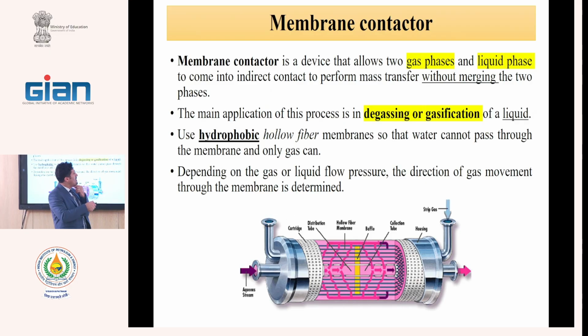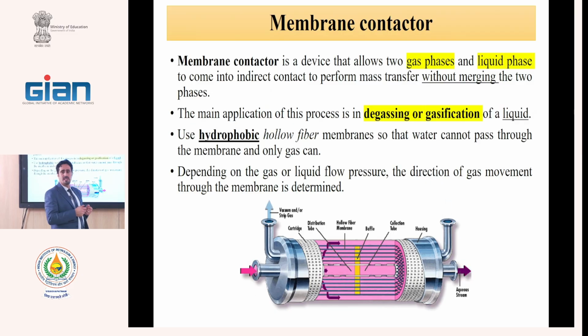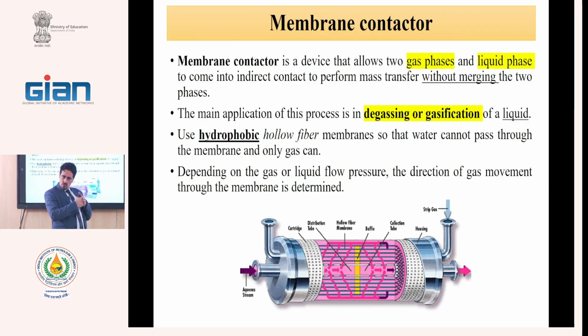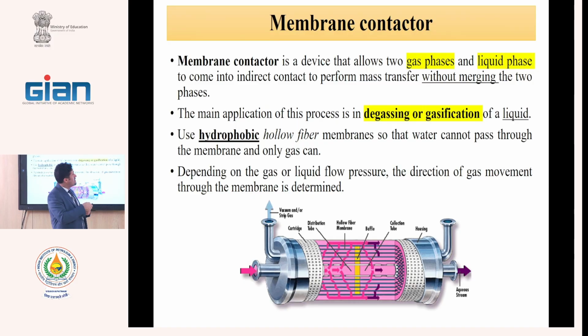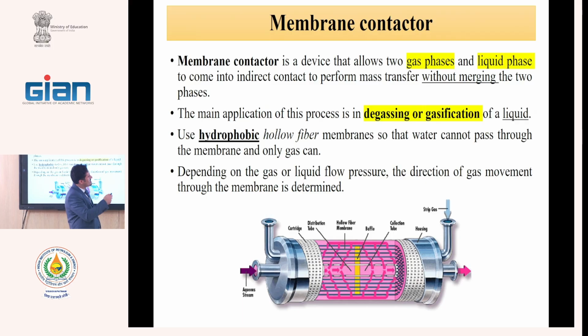Therefore, in a membrane contactor, we use hollow fiber for increasing contact area. We use porous, hydrophobic membranes, because with hydrophobic membranes, the water cannot penetrate the pores. Okay? The membrane contactor membranes are similar to membrane distillation. Membrane distillation and membrane contactor have similar membranes.